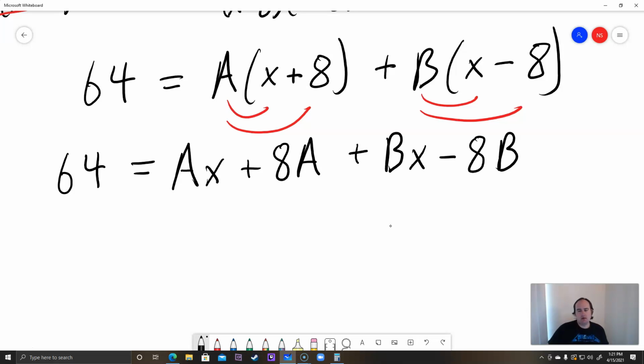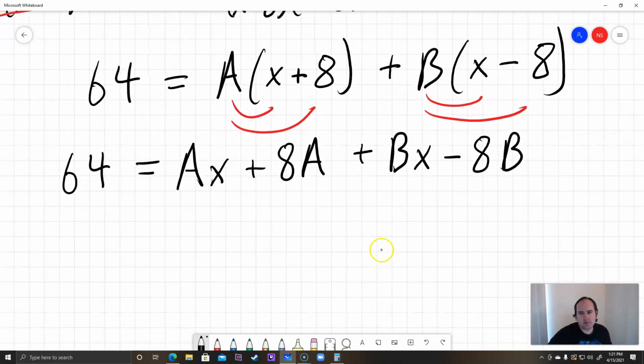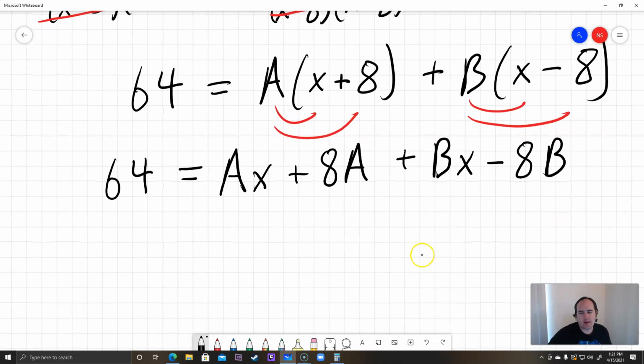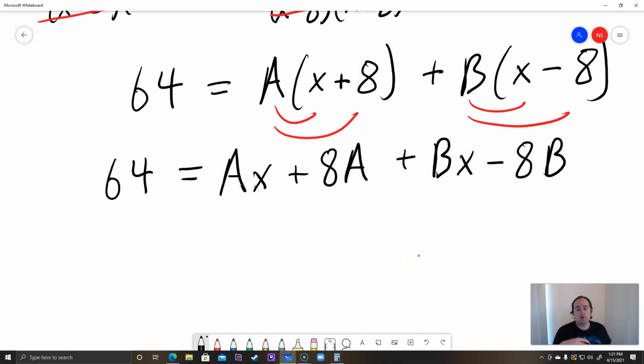And then remember, when you're doing partial fractions, you have to equate like powers on the left and the right side, which basically just means you equate the coefficients or the constants of each power. On the left side here, we have 0x plus 64.